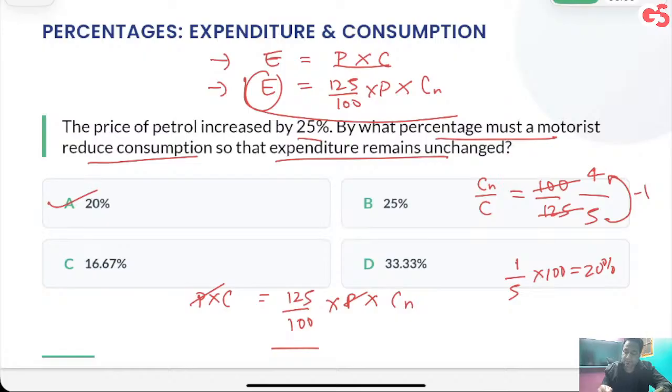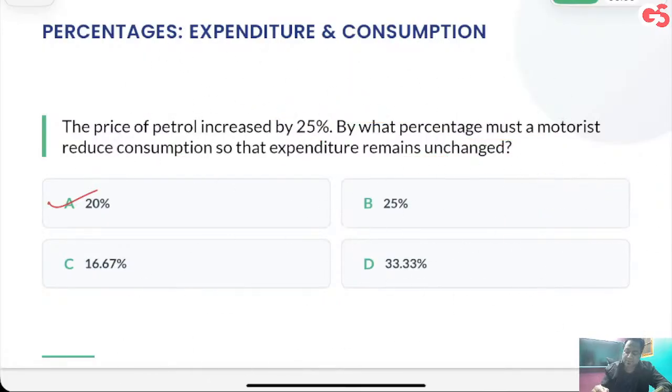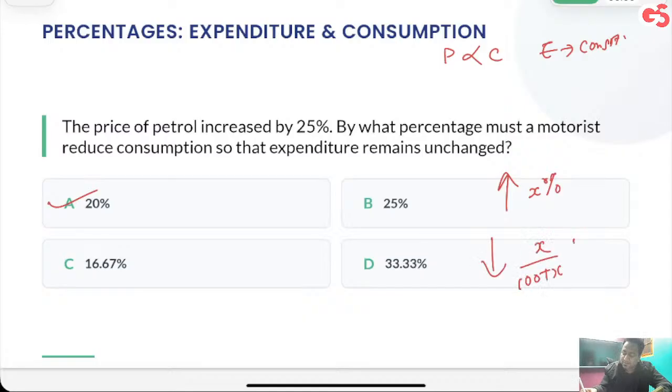Okay. So the next way is, if you get to know that two things are inversely proportional, like price and consumption are inversely proportional if expenditure is constant. Because more the price, less the consumption, and so on. So when two things are inversely proportional, and if one increases by x%, other will decrease by x upon 100 plus x%.